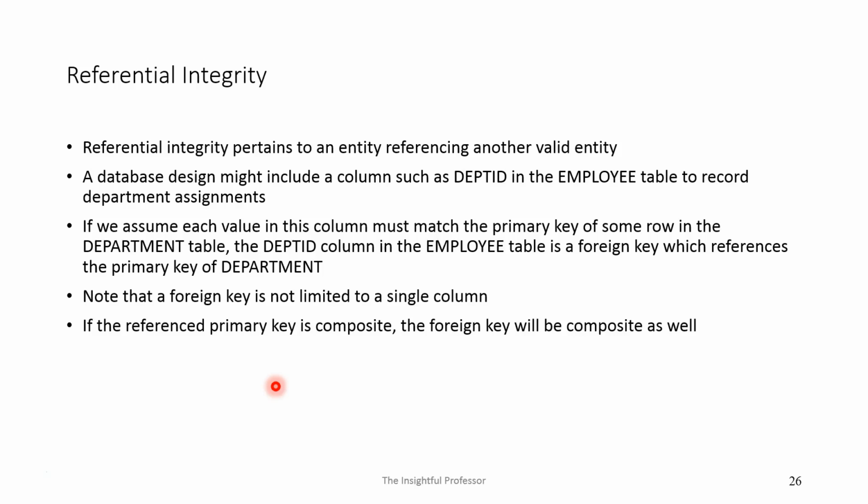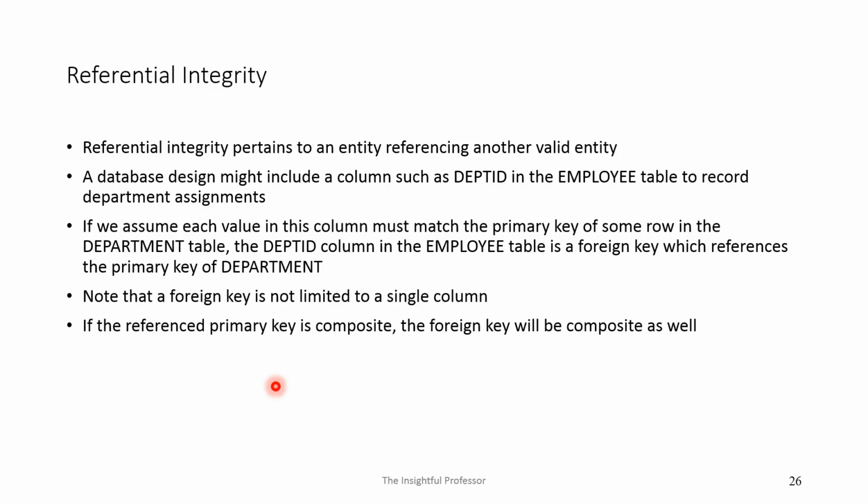As I look at employee and department, an employee is assigned to a department. That's a relationship that exists in the real world. So many different employees could be assigned to the same department. Here we're talking about something called the cardinality of the relationship. So given one department, there can be many different employees who are assigned to that department.